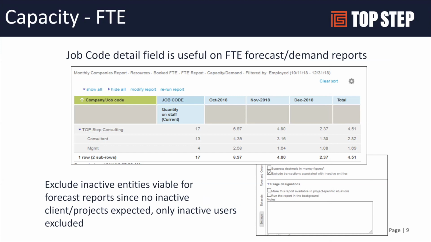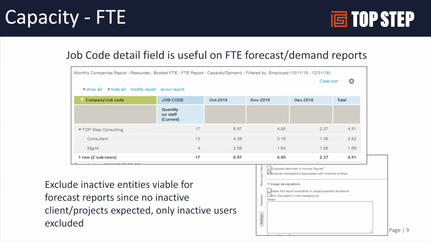And then when you run this using that job code, you can generate a report that looks at your demand versus your quantity on staff. In this scenario, we can see here's our quantity of staff, and then we can look at future dates to see what our demand looks like for the different job codes.